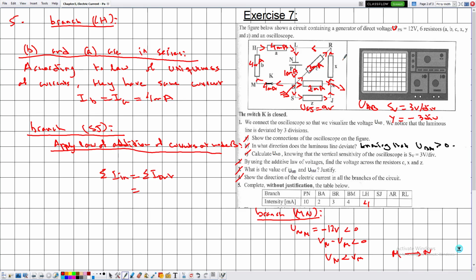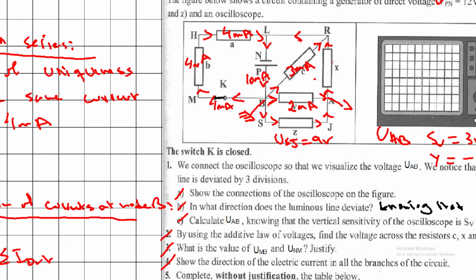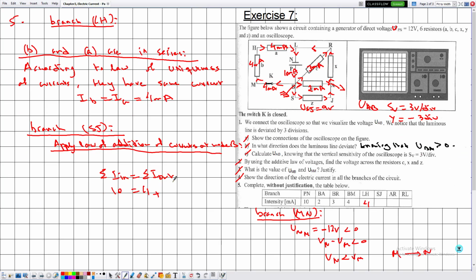So what are the currents that are entering the node? We have this, which is given by 10, and the currents that are leaving are given by 4 plus 3 plus 2 plus the unknown current, which is IC.